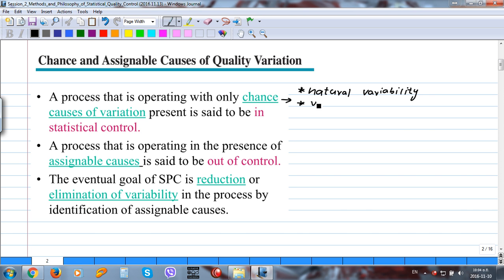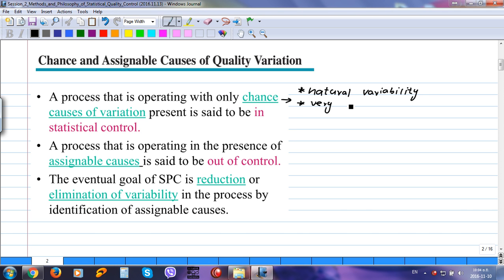So if only chance causes of variability are present, the process is in statistical control.